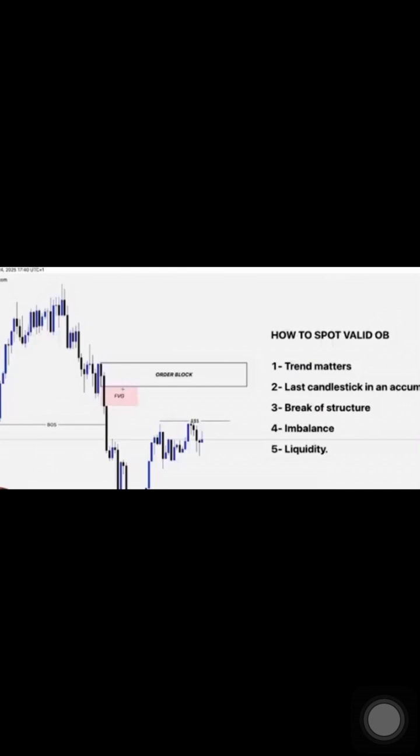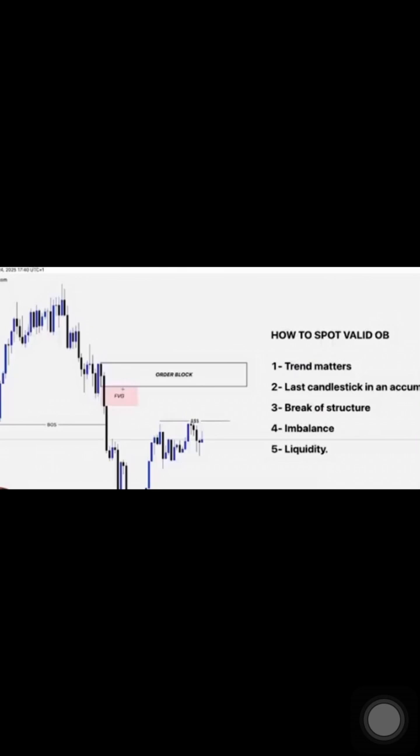The last candle before that massive move in accumulation, whether buy or sell. That's number two, what you must spot for a valid order block.